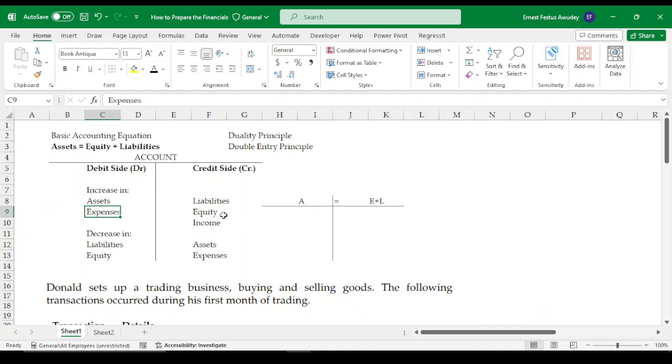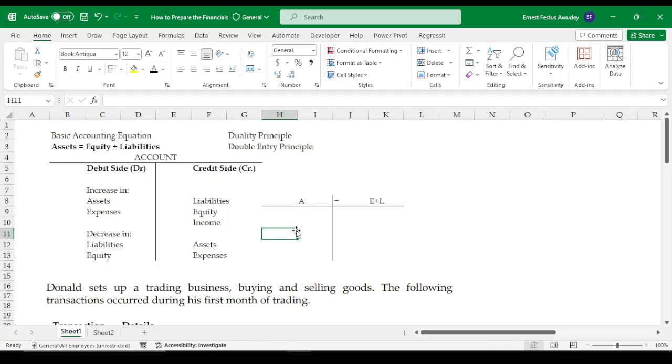That is why they are moving with your assets. All right. Then income also increases your equity. Whenever you have income or revenue, revenue is actually part of your income. All right. So whenever you have an income, it is increasing your equity. Therefore, it is moving with your equity. So any increase in your income is going to be credited, just as we credit increases in equity as well.